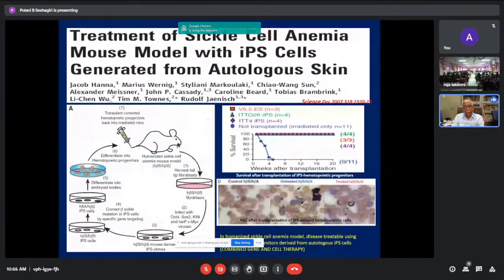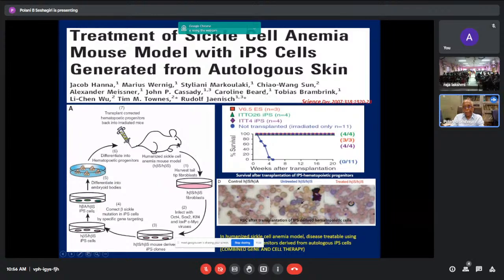I showed you one cartoon picture where you can take a somatic cell from the sickle cell anemic animal, do cell engineering and genetic engineering, and have genetically normal cells to transplant and reverse it back. That was indeed demonstrated in rodent models, and these are the papers that came out.